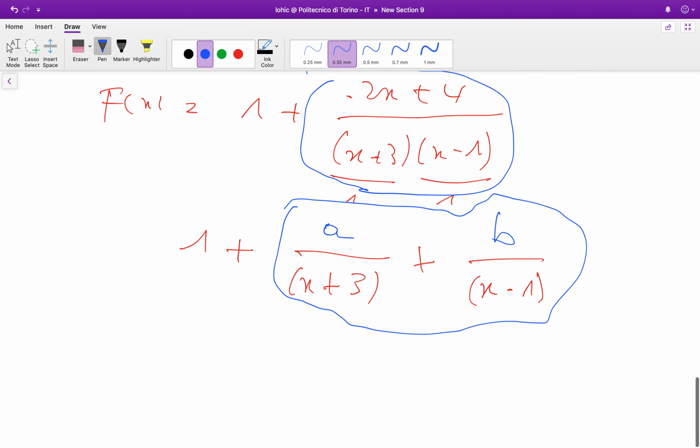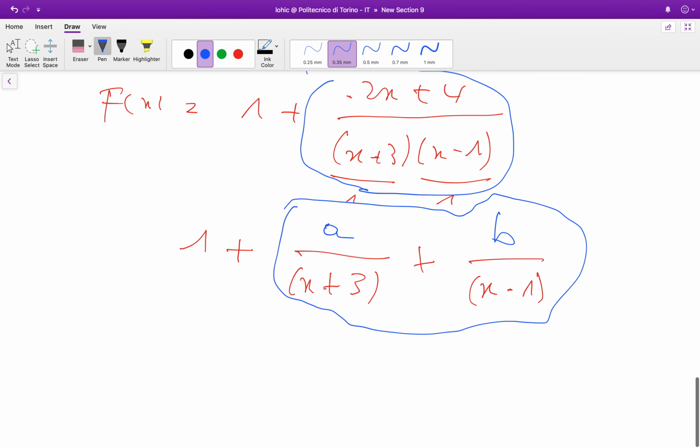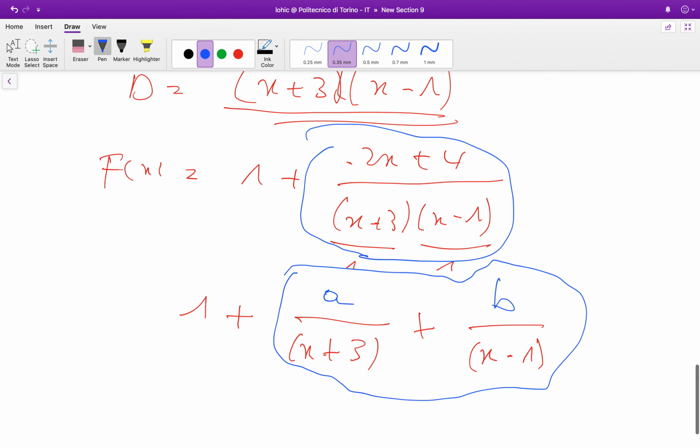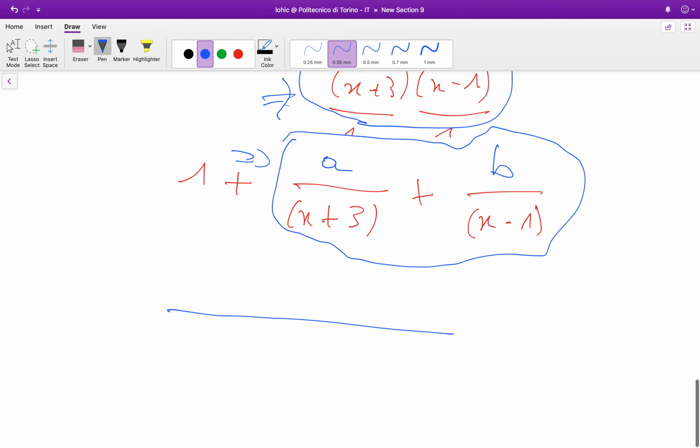Now, how do we find a and b? We find a and b by identification, like this. We sum this up and identify it with this. Is that clear? So let's sum it. What will the common denominator be? x plus 3 multiplied by x minus 1.